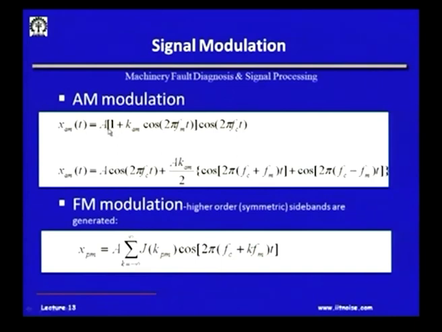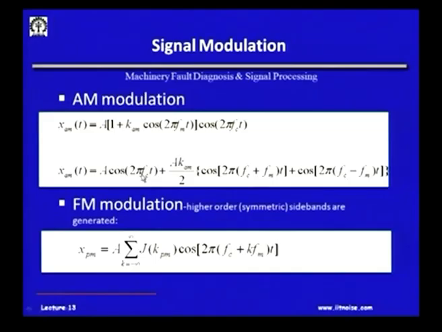If I have the amplitude as a function of a cosine or a sine series, with this being the frequency of modulation and this the carrier frequency, the modulated signal can be represented as this equation, and you will see the sum and difference signals show up. These are the sidebands that occur because of a modulated signal.